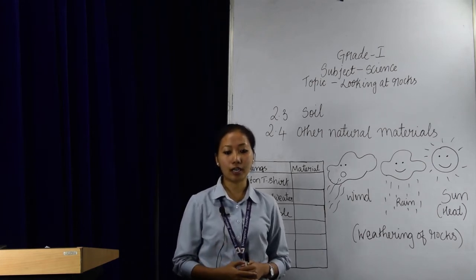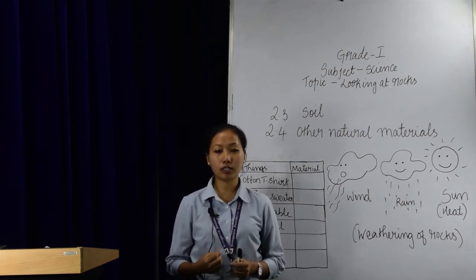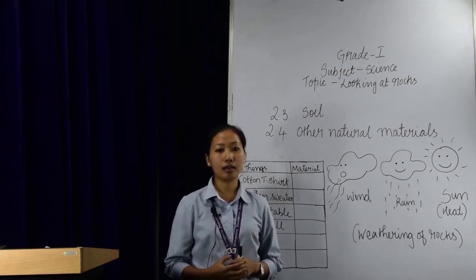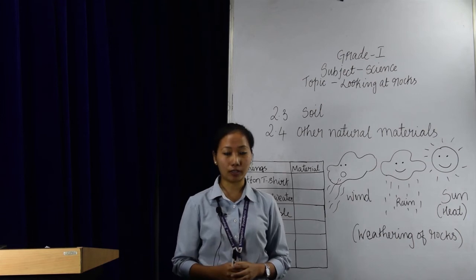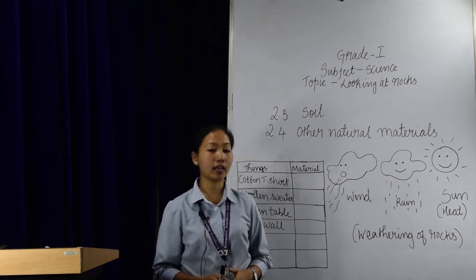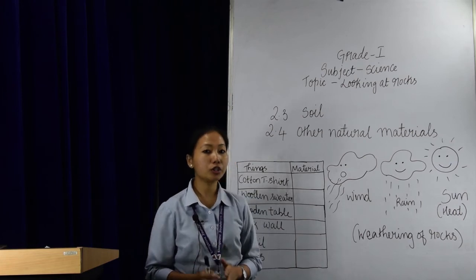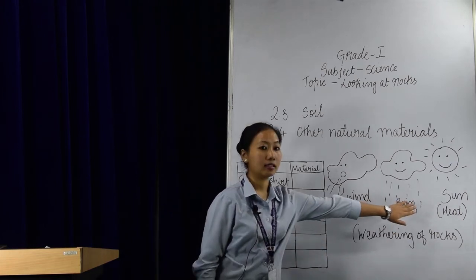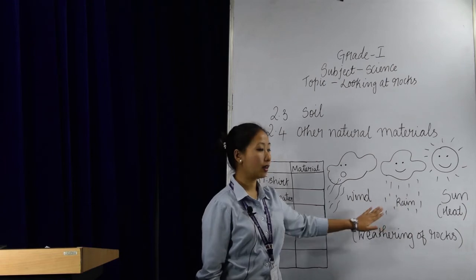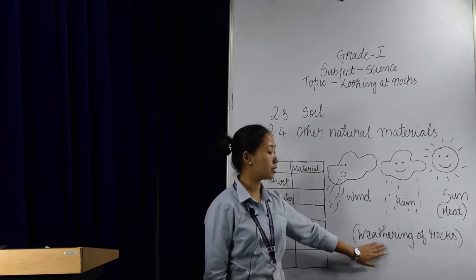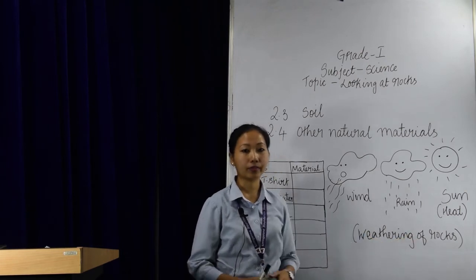Over a period of time, these pieces of rocks became smaller and smaller till they become a fine powder called soil. In short, we can say soil is formed by breaking down of rocks due to the action of the sun heat, rain and wind, and this process is called weathering of rocks.